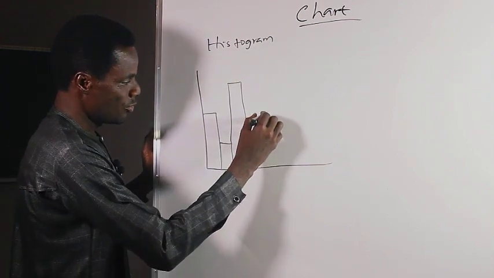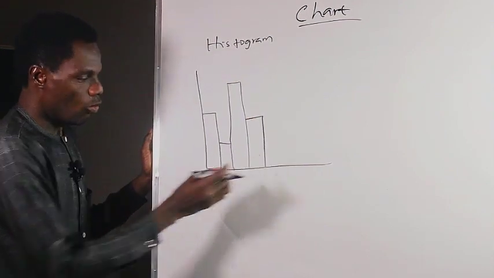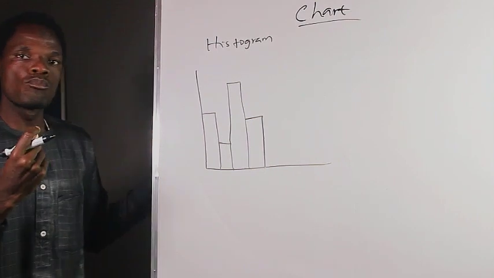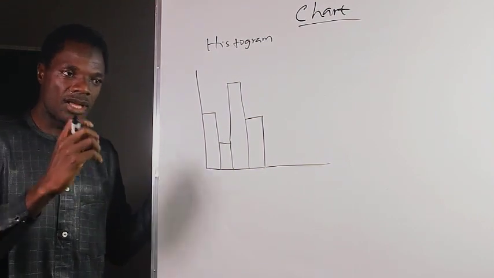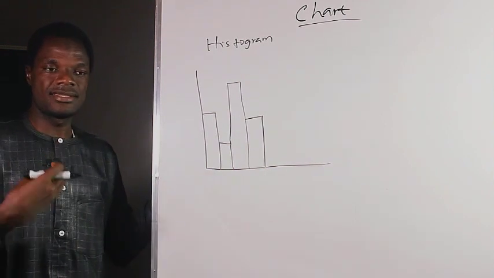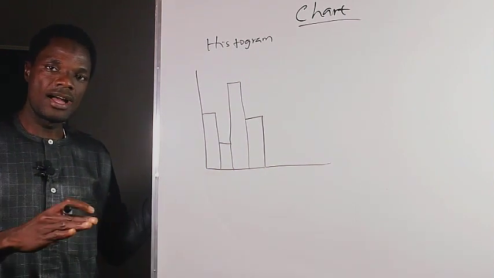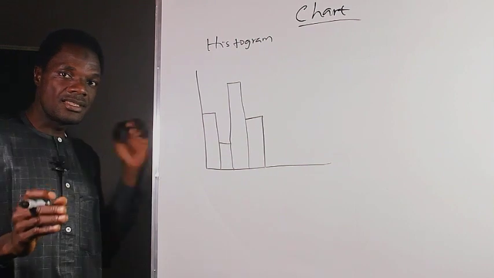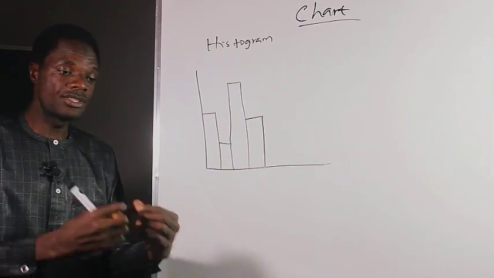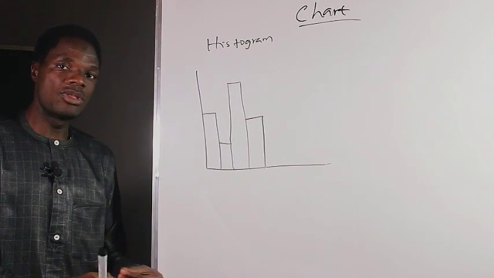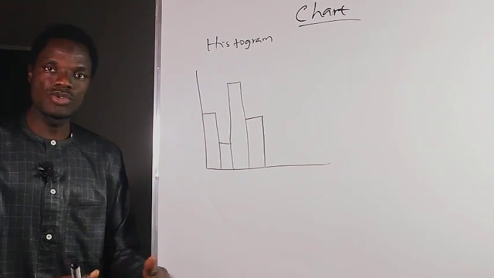And histogram contains only one variable. So what histogram tries to tell us is that it studies a variable over time. That means it doesn't try to show the relationship between variables. It only tries to show us how the variable takes place over a period of time.